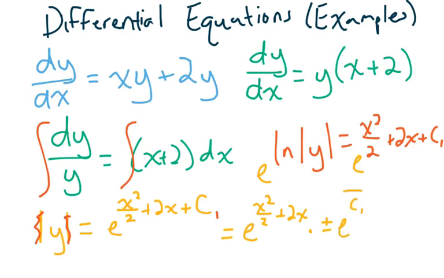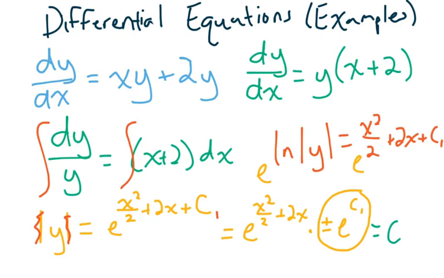But then all of this can just be wrapped up into one constant. We call it C, and so we end up with y equals C times e to the x squared over 2 plus 2x.